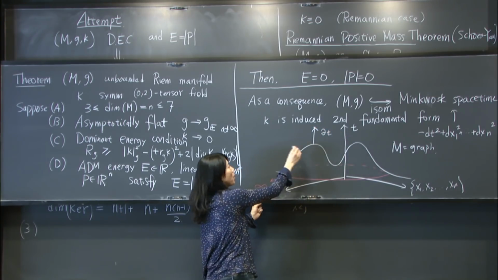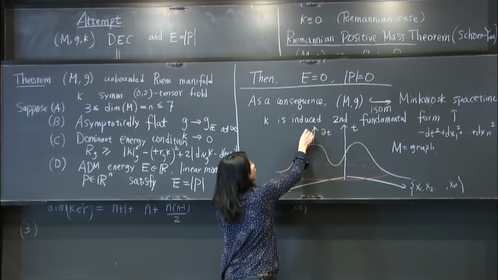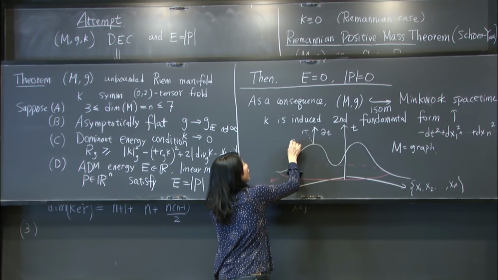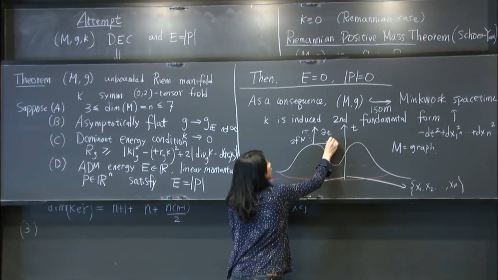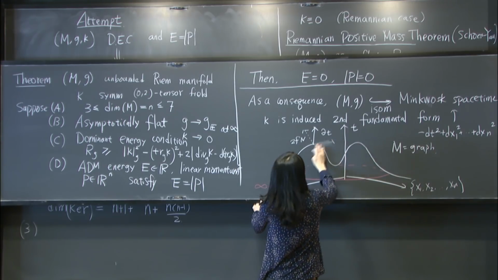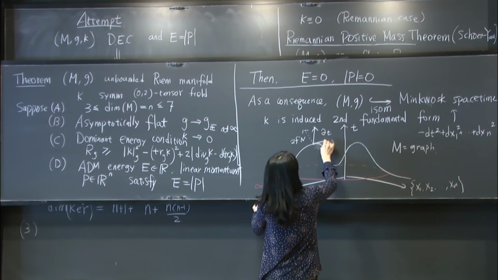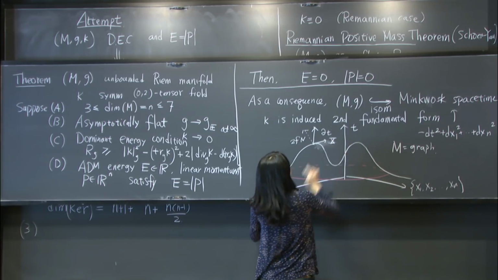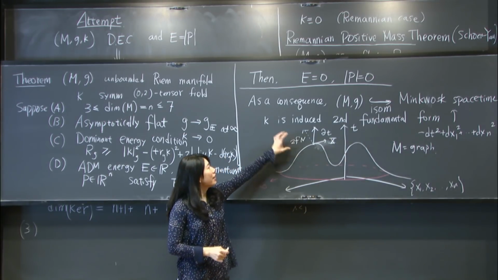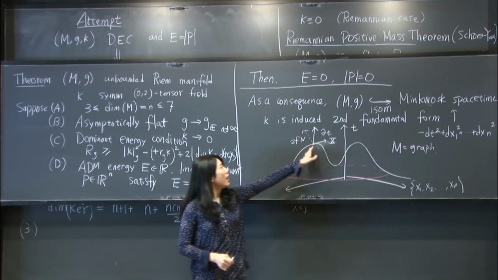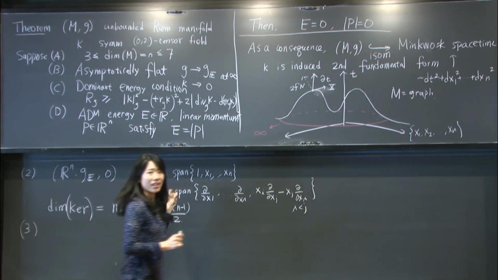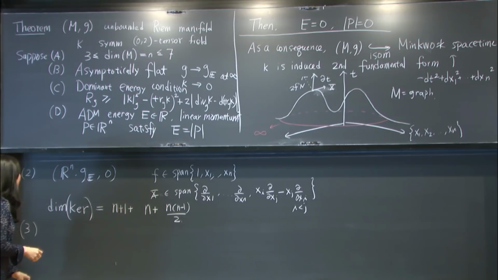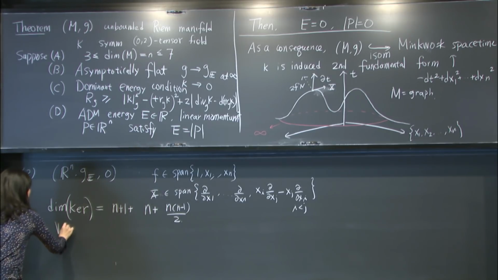But then you can decompose into the normal part and the tangential part. And the length of the normal part is exactly the f in the kernel, and the tangential part is the x in the kernel. So there's a one-to-one correspondence in the vacuum case.